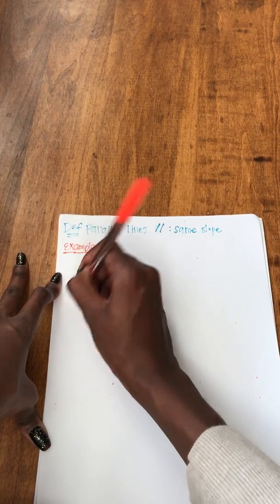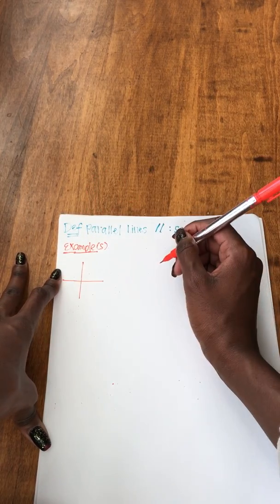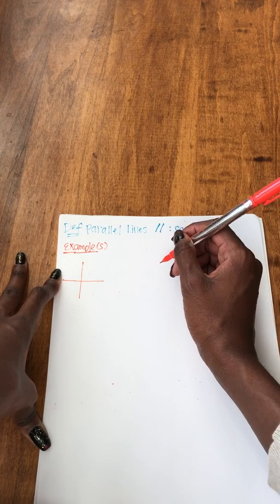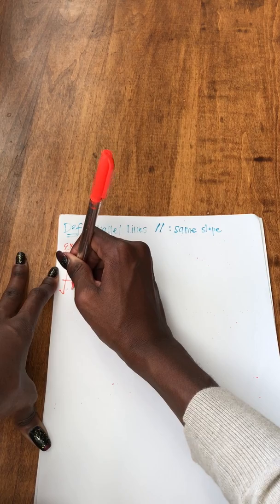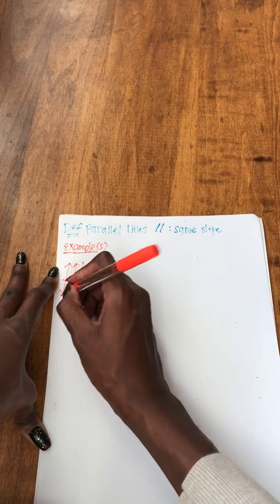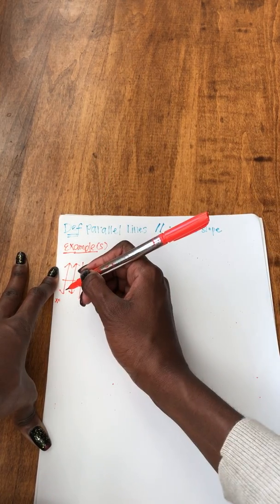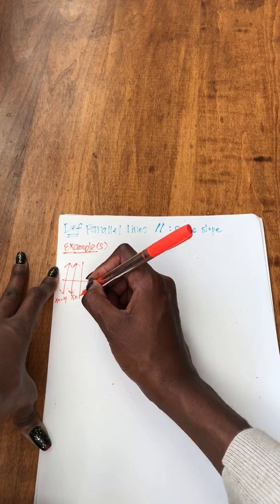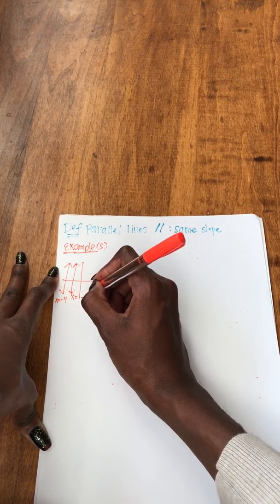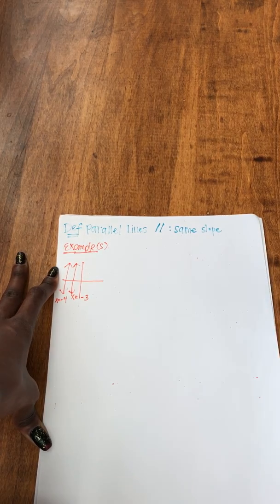We could have on our XY plane something that looks like this. So this could be x is equal to -4, and this could be x is equal to, I don't know, -3, or 2.